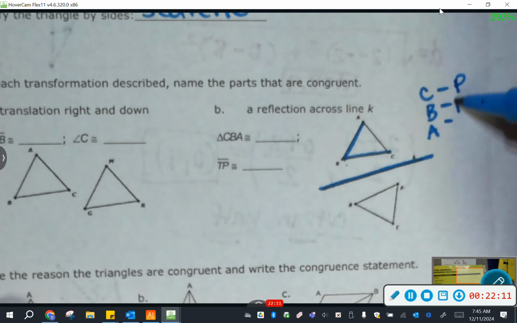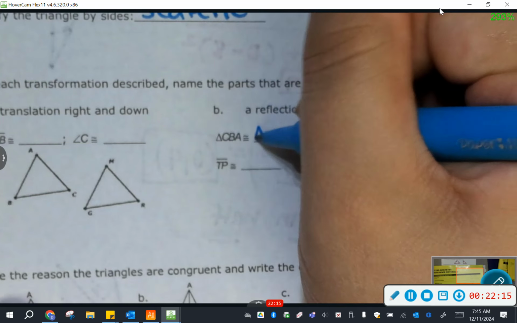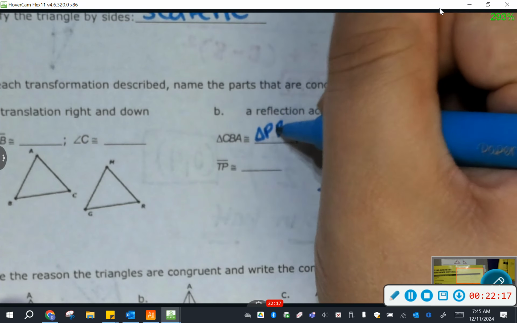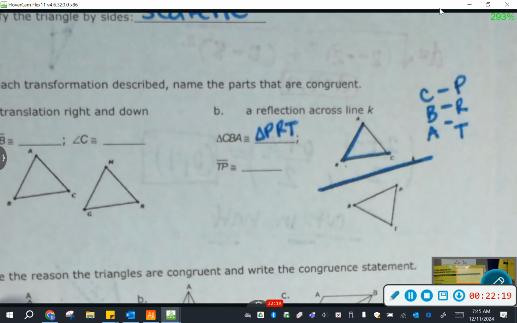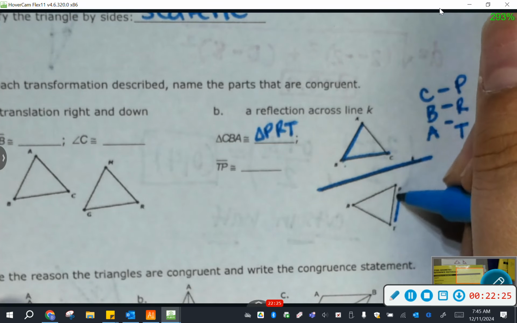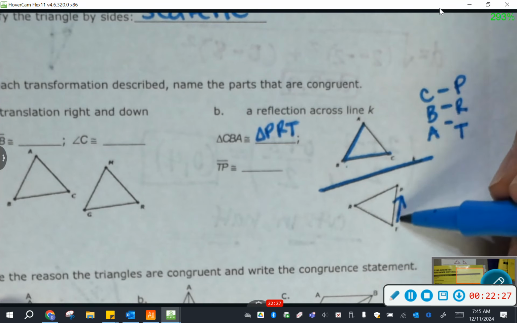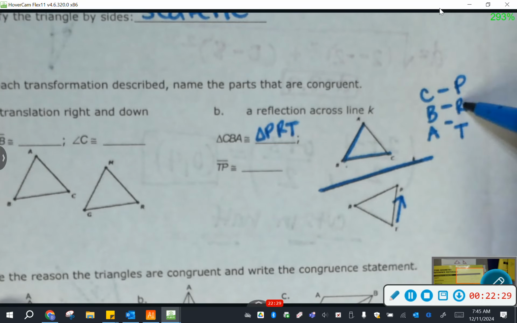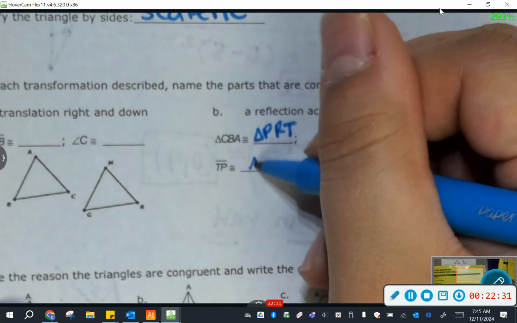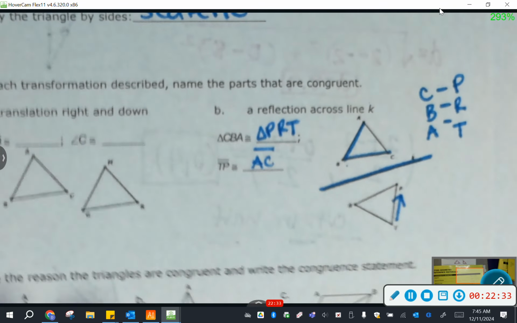R. And A is T, so it's going to be triangle P, R, T. And again, order matters. Order matters. Do your chart.